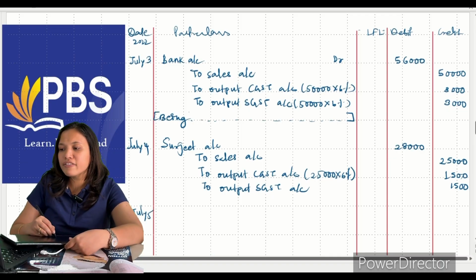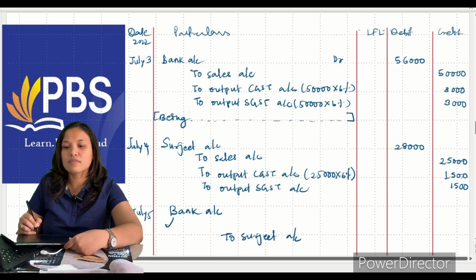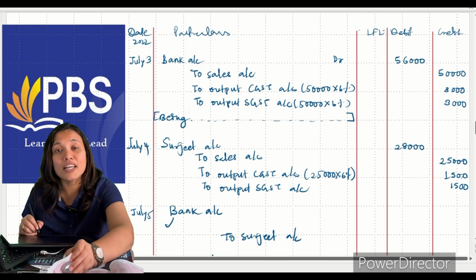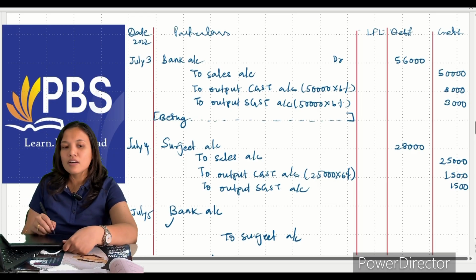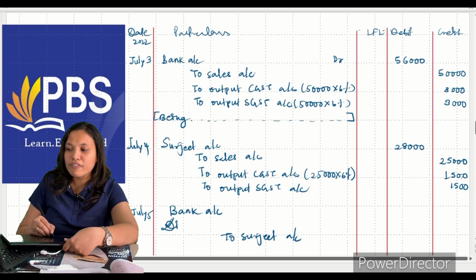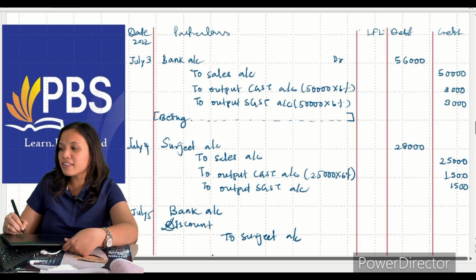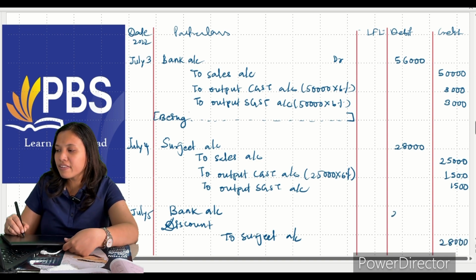How much did I receive from Surjit? Anything received, bank account debit, but to Surjit account. Now, is he paying the full amount to me? No. Then what do I write here? So I am facing some loss. I have to receive 28,000, he is giving me 25,200.